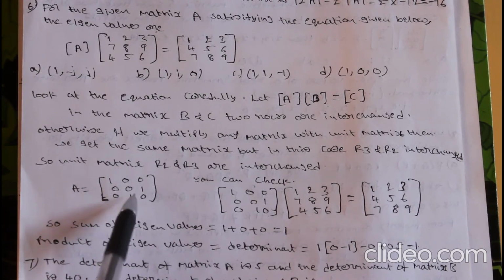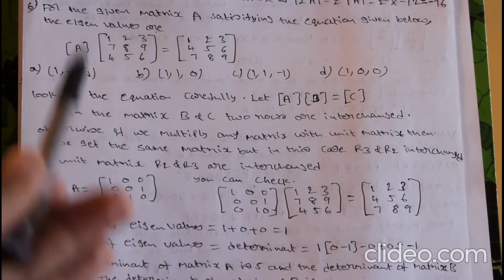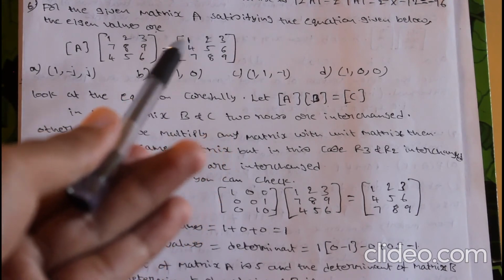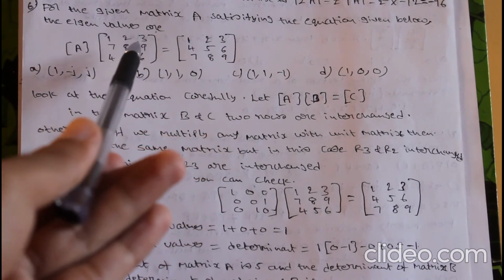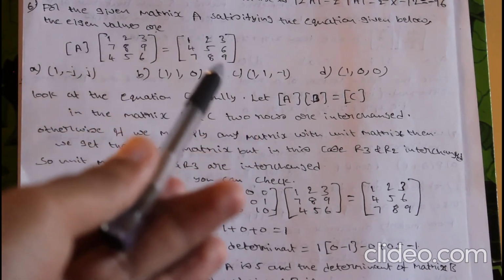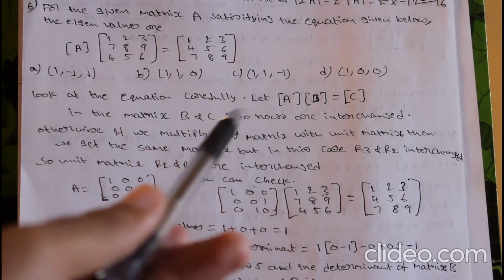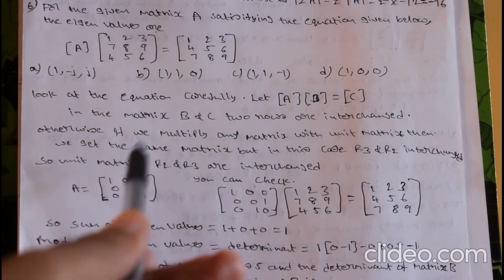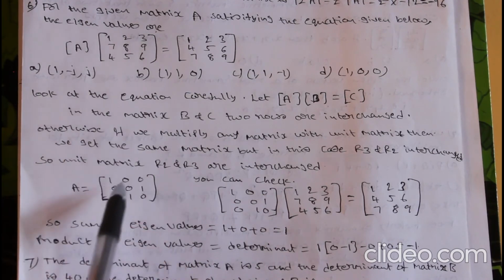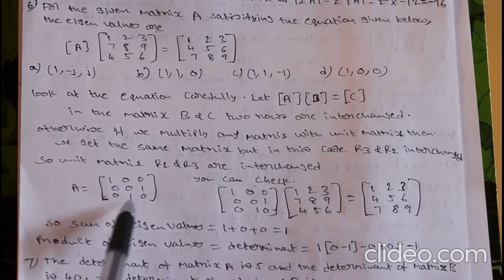You have interchanged R2 and R3. If you multiply with this matrix, you will get this matrix. If you want you can verify, but there is no need, directly take this matrix. So the matrix A is 1 0 0, 0 0 1, 0 1 0.